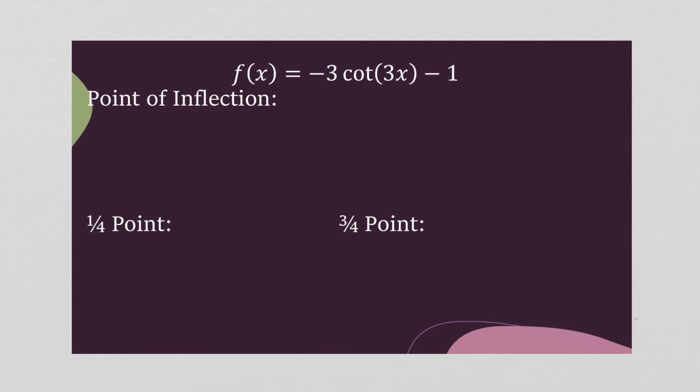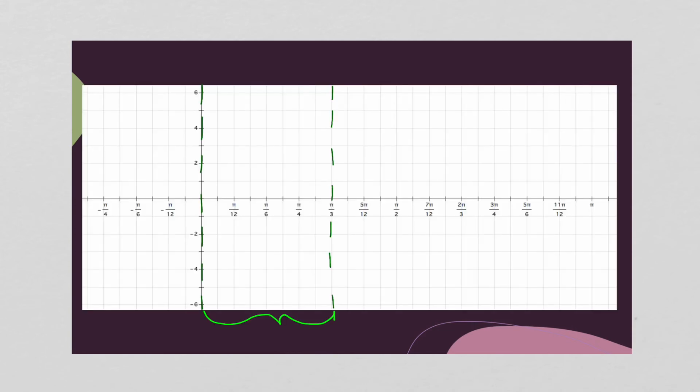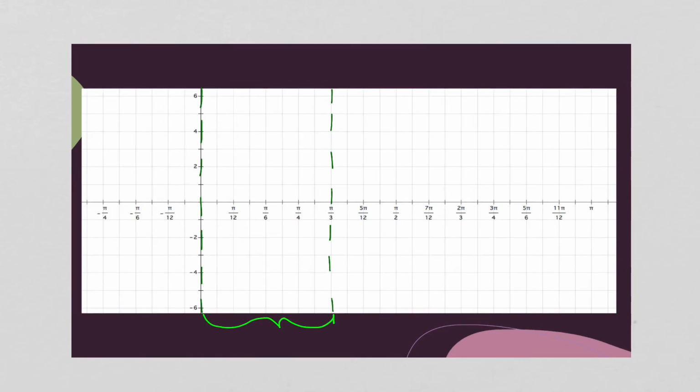Next, what is the point of inflection? Well, what I mean is where it goes from being concave up to concave down again, okay? That's what I'm talking about, in the middle, you could say. So, the point of inflection normally for tangent, or cotangent, excuse me, would be at pi over 2, 0.